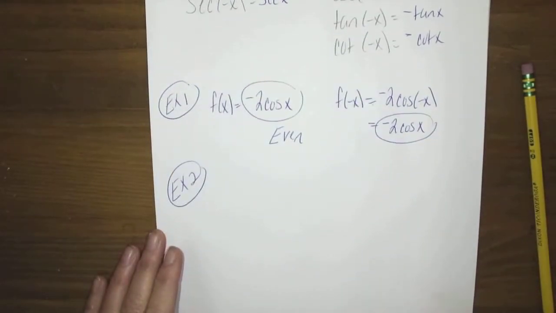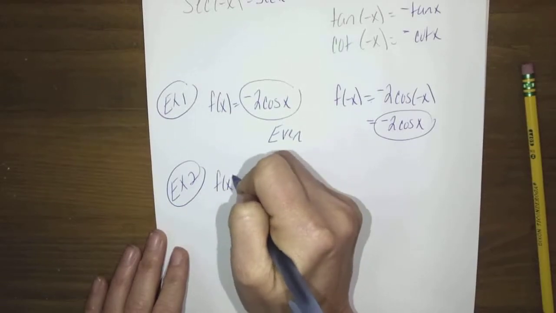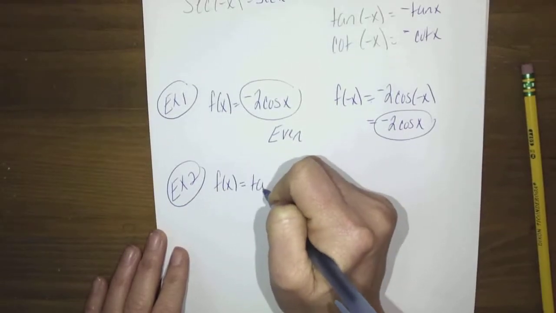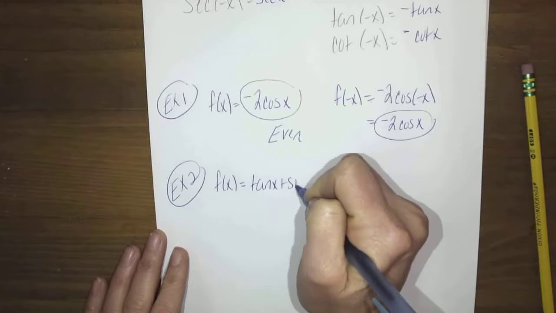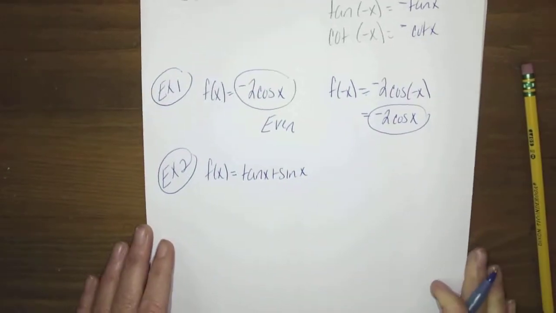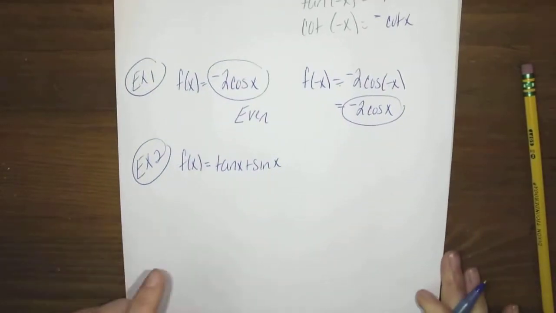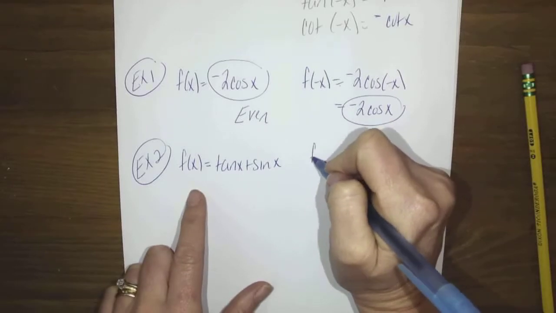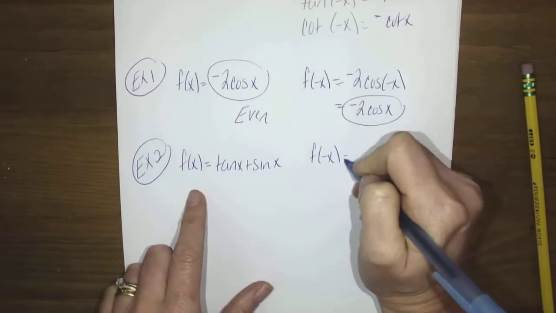Next one, example 2 that I like to do is f of x equals tan x plus sine x. Again, to determine without graphing if it is even or odd, I replace all the x's with negative x.